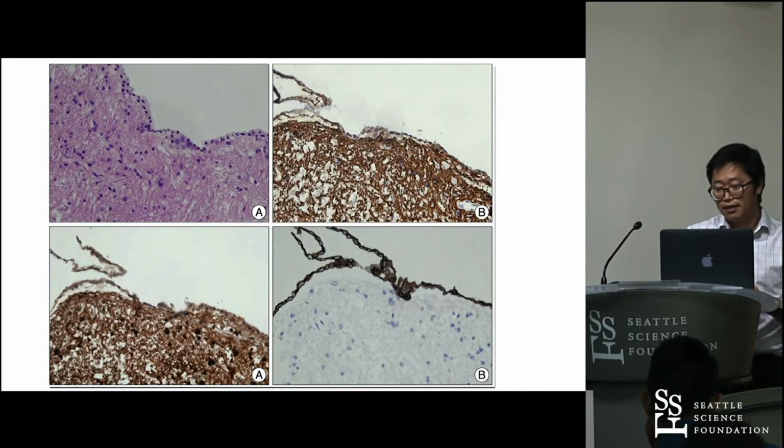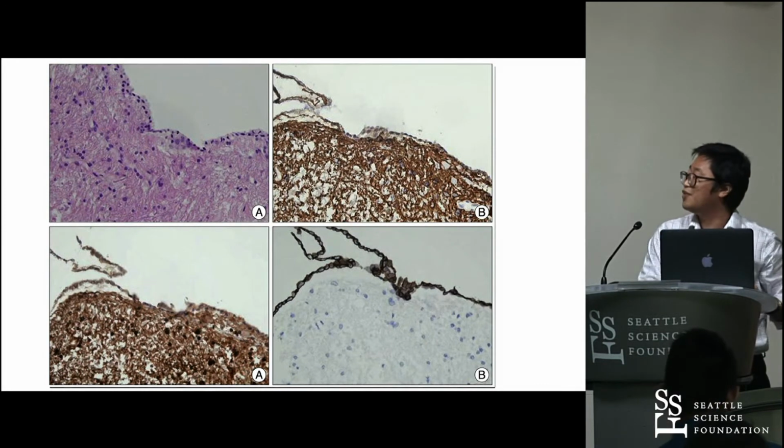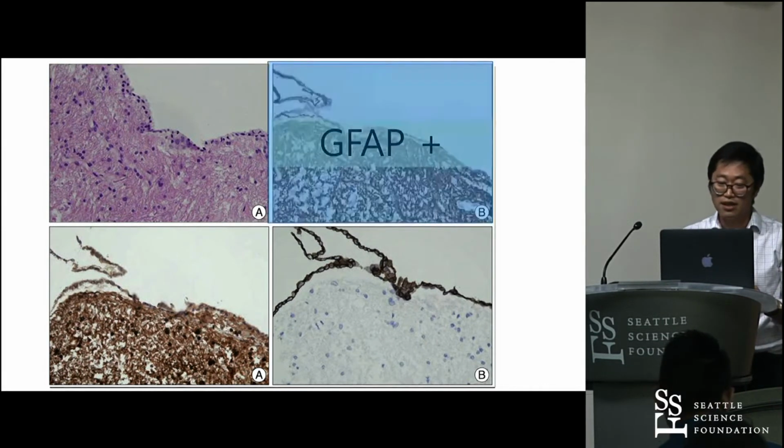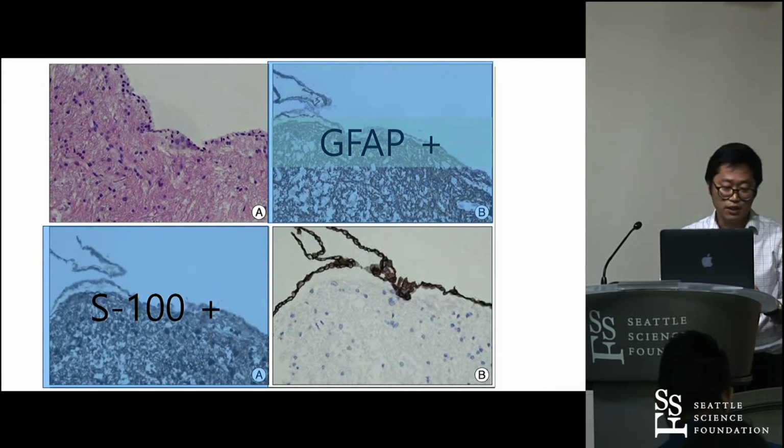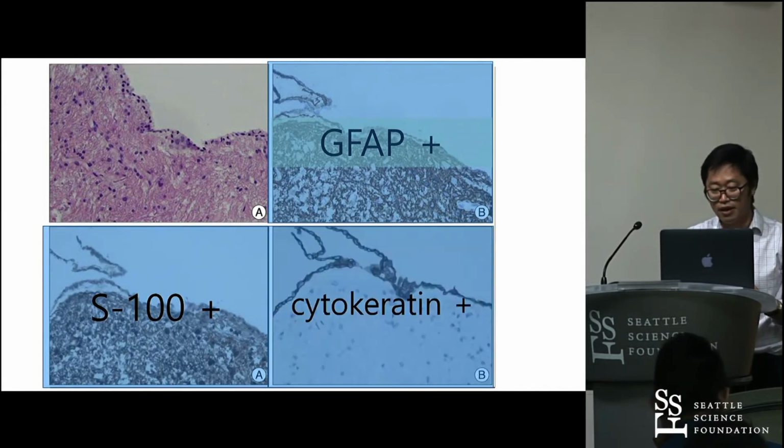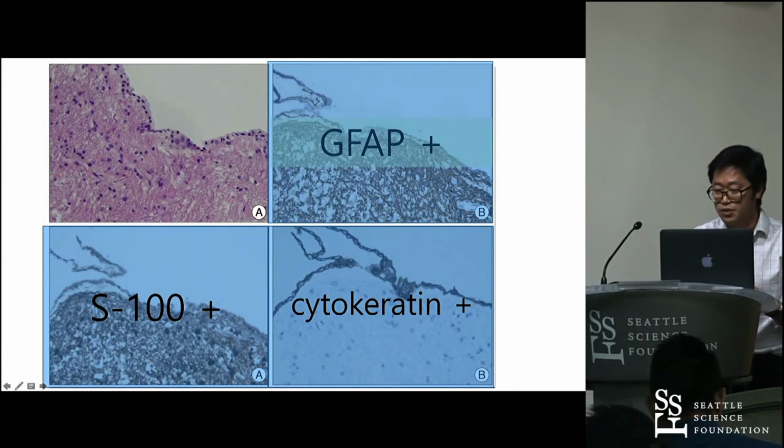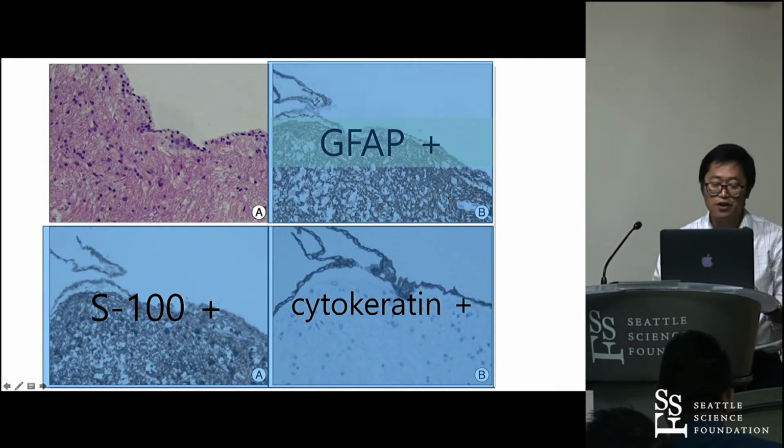On the right-hand side, I have glial fibrillary acidic protein staining positive, S100 staining positive, and cytokeratin staining positive. Those are markers of neuroectodermal tissue. Therefore, it rules out the diagnosis of neurenteric cyst in this case, and it leads more to the diagnosis of ependymal cyst.